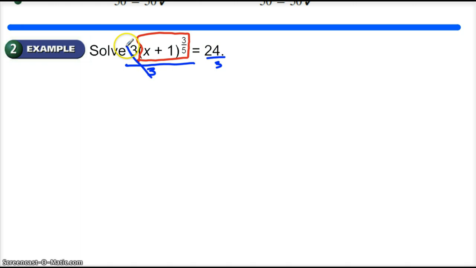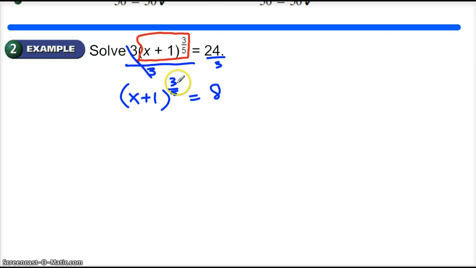And this cancels. And now we have x plus 1 raised to the 3/5, and this equals 24 divided by 3, which is 8. Now looking at this, we want to undo the 3/5 power. We want to do the inverse operation. The opposite of raising something to the 3/5 is to raise it to the reciprocal.